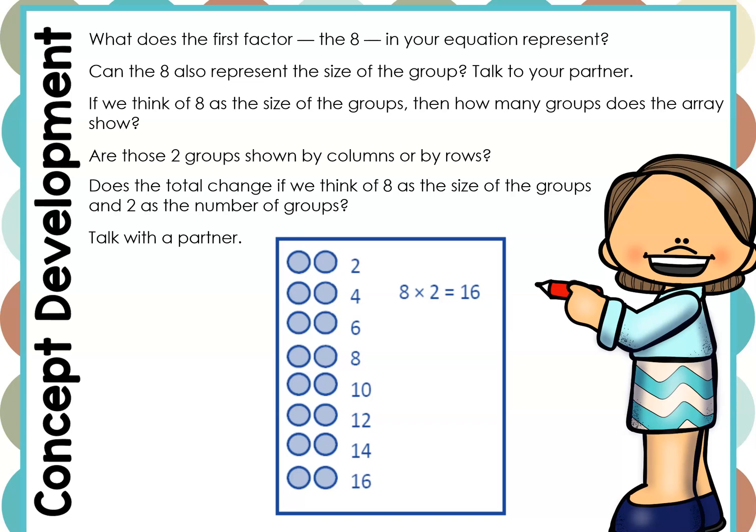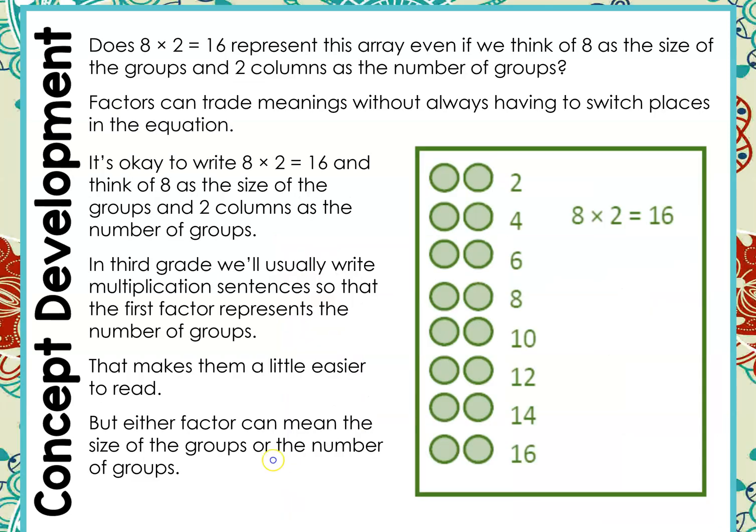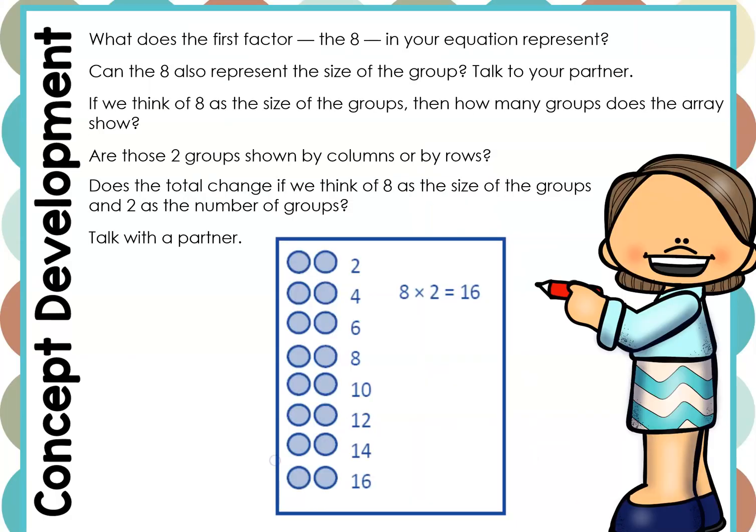No, it wouldn't. The 8 would represent the size of the groups, so then our 2 would become the number of groups. So we would have 2 groups or 2 rows of 8. Okay, so then just like our last problem, we would turn the array on its side.